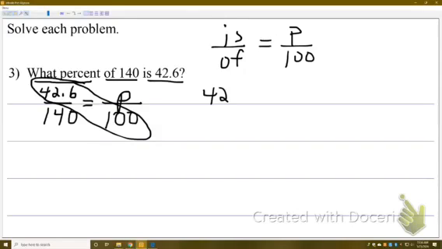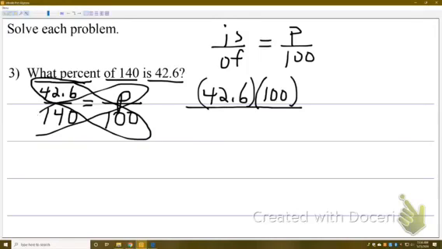42.6 times, I'm going to write it like this because that means multiply, times 100, and then you will divide by the one that is across from the variable there. So across from the variable is 140. So 42.6 times 100 is the first thing you would do, and hopefully you used your calculator on these because you were allowed.